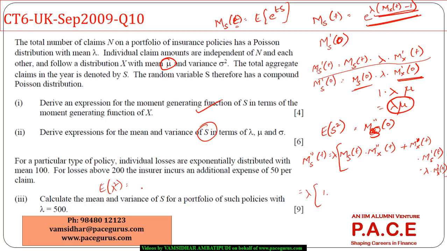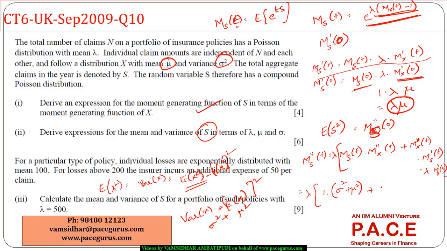Variance of x is nothing but expected value of x squared minus expected value of x whole square. So expected value of x square will become variance of x plus expected value of x whole square. Variance of x we got as sigma squared plus mu squared. So this becomes sigma squared plus mu squared.